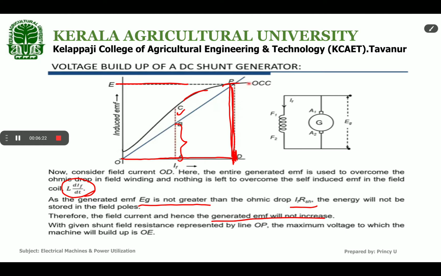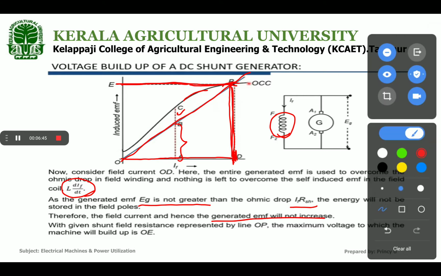With a given shunt field resistance, this line OP intersects the OCC at a point P, and this voltage OE represents the maximum voltage to which the machine will build up.